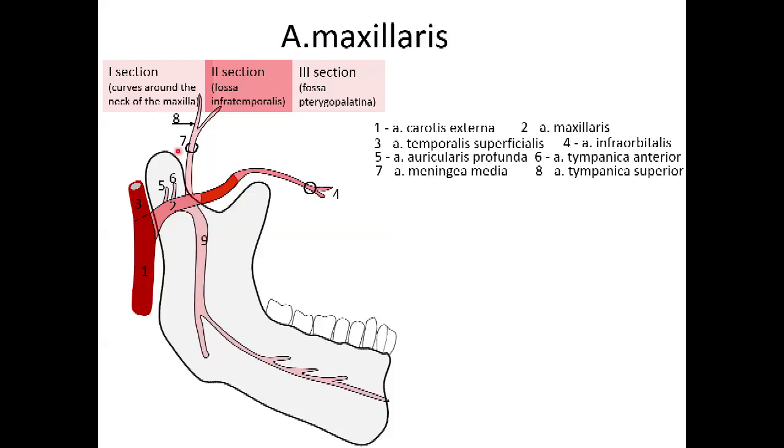And a quite large and serious vessel, number 9, is arteria alveolaris inferior. Now let's try to find them in the specimen.